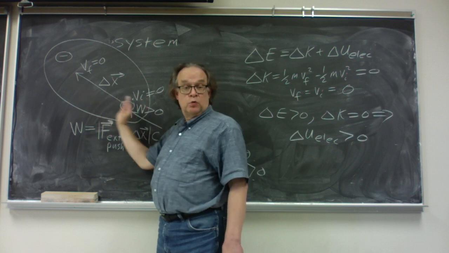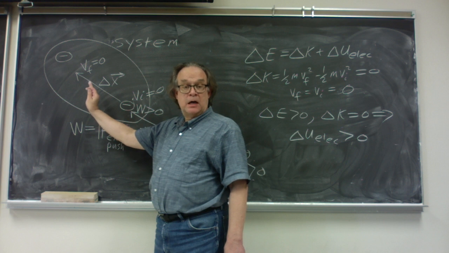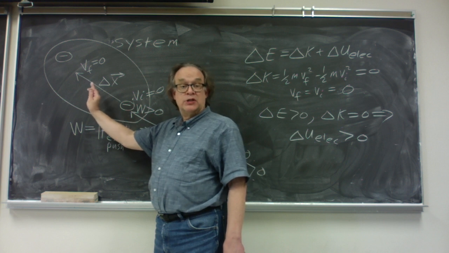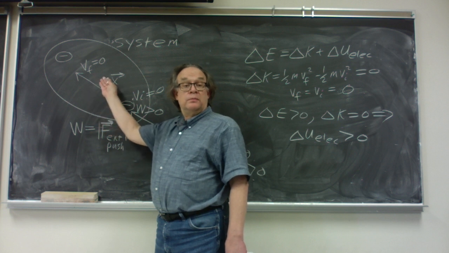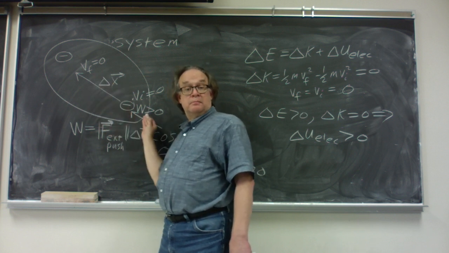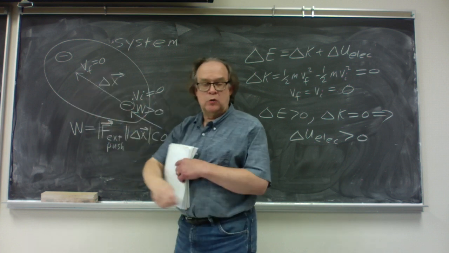Once it gets to the finishing point, I don't move it anymore, I just keep it there, and so the final velocity at the end of this displacement is also 0.